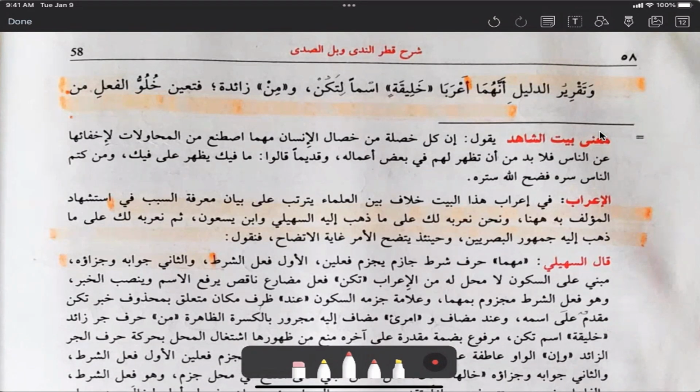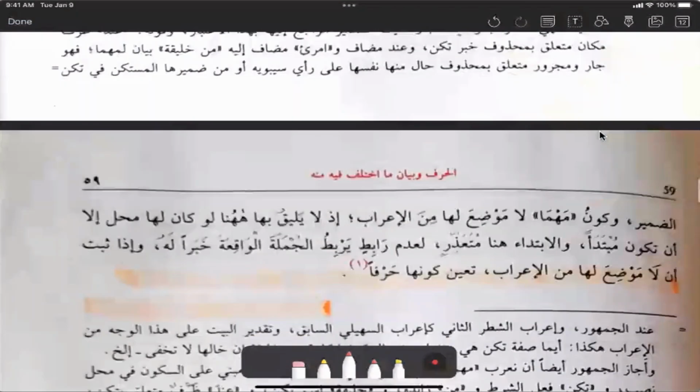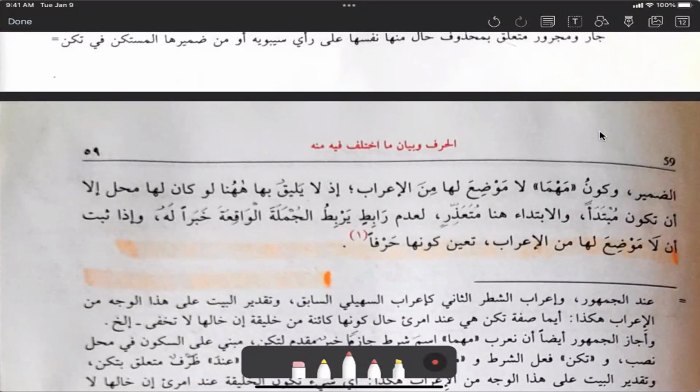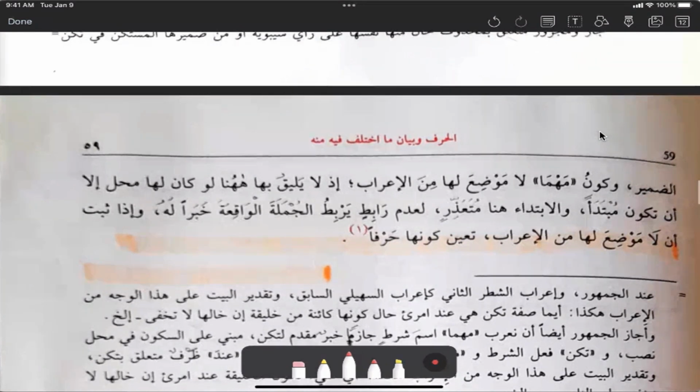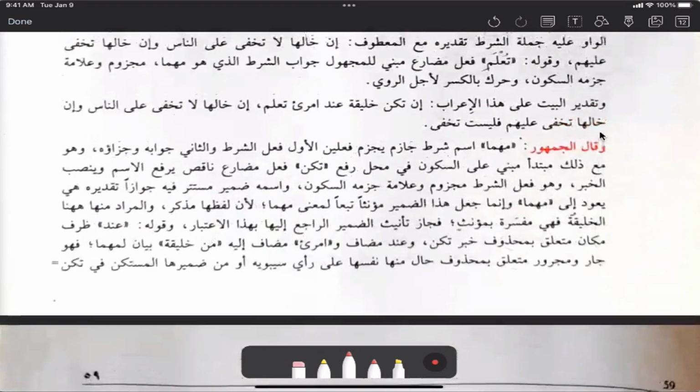Ibn Hisham says, وَتَقْرِيرُ الدَّلِيلِ أَنَّهُمَا أَعْرَبَا خَلِيقَةٍ إِسْمًا لِتَكُنْ وَمِنْ زَائِدَةٍ فتعين خلو الفعل من الضمير وكون مهما لا موضع لها من الإعراب إذ لا يليق بها هاهنا لو كان لها محل إلا أن تكون مبتدأ والابتداء هنا متعذر لعدم رابط يربط الجملة الواقعة خبرا له وإذا ثبت ألا موضع لها من الإعراب تعين كونها حرفا.